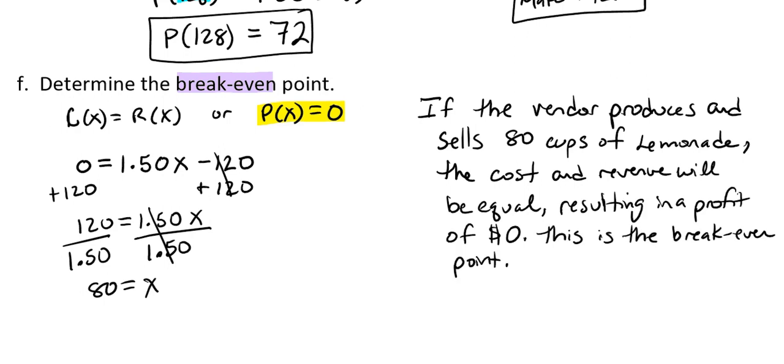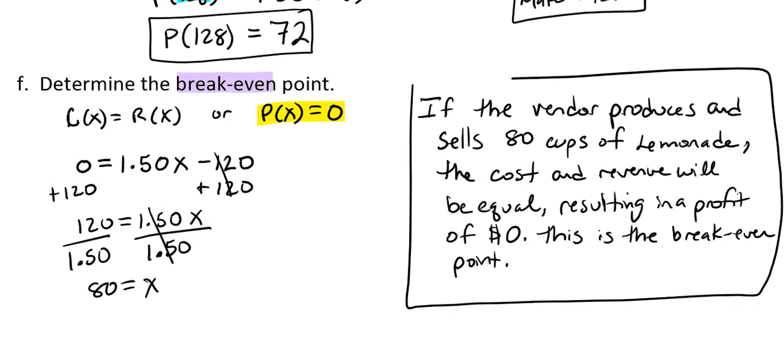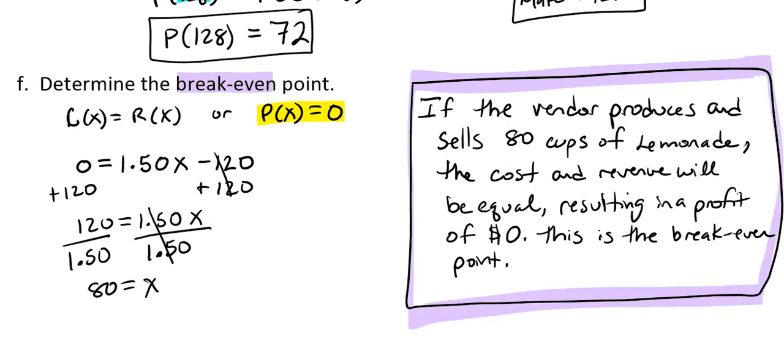This is the break-even point. So those 80 cups is our break-even point. And that is how to write a linear cost, a linear revenue, and a linear profit function for a real-life problem.